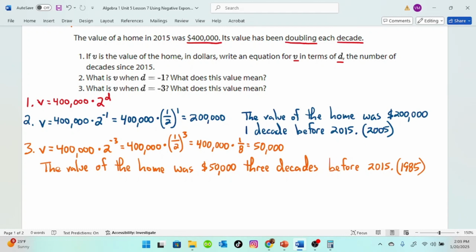The second thing that a negative exponent tells you is that now your growth factor is going to become its reciprocal, or it's going to be 1 over the original growth factor. So now, if we were doubling going into the future, we are having it going backwards into the past.